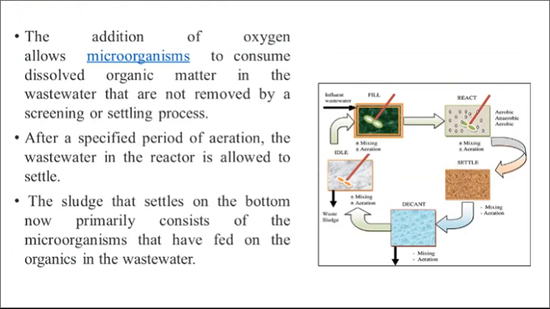The addition of oxygen allows microorganisms to consume dissolved organic matter in the wastewater that is not removed by the screen chamber, or we can say settling chamber. After a specific period of aeration, the wastewater in the reactor is allowed to settle, as we have seen in the previous slide. The sludge that settles at the bottom now primarily consists of microorganisms that have fed on the organics from the wastewater.